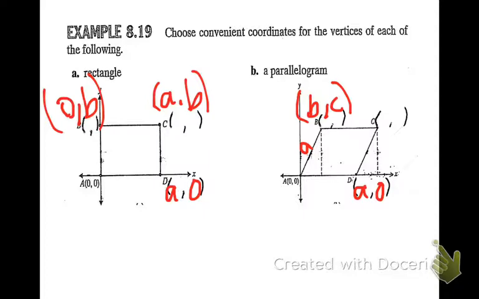We would call it A plus B, because this distance is A, and since it's a parallelogram, this distance here would have to be B. From here to here is B. So that's A plus B, C.